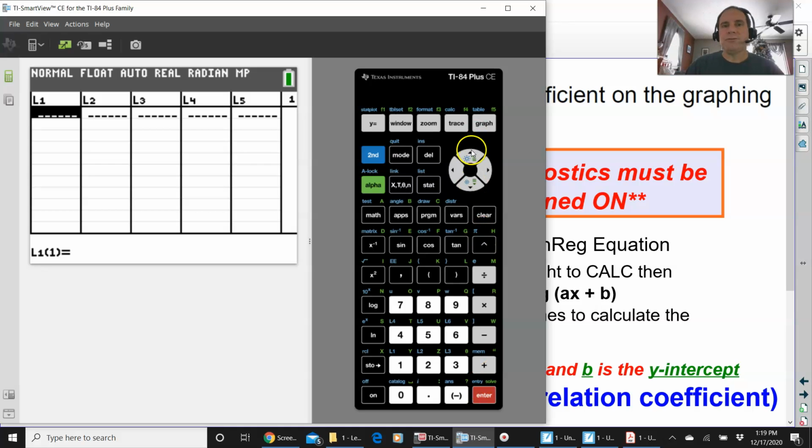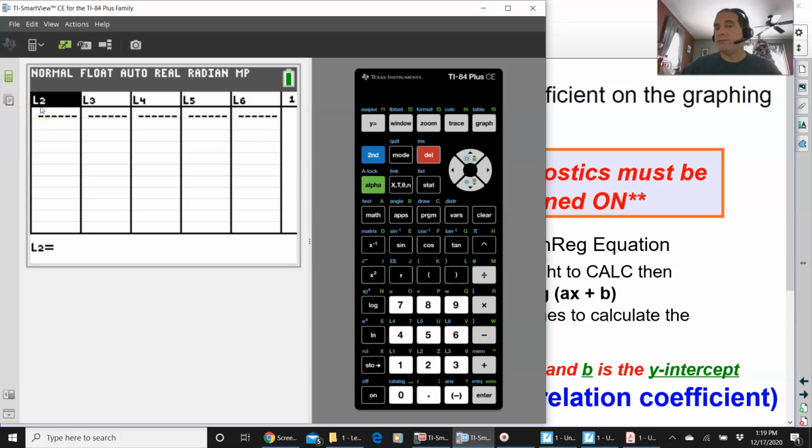Now, if you do delete the list, let's just say, all right, I'm going to delete, and look what happened. L1 is now gone. You don't want that to happen, and if it does, it's a mistake, but there's an easy way to get it back. All right, if you press delete again, guess what? L2 is gone now. Uh-oh, right?